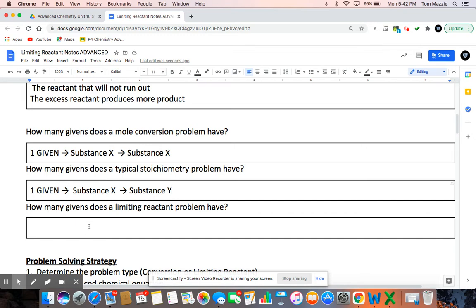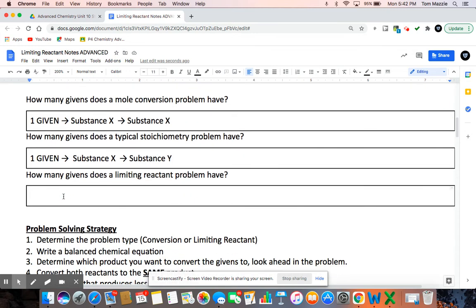A limiting reactant problem. We are no longer going to be given one piece of information. We are going to have two givens, and they are both going to be reactants.